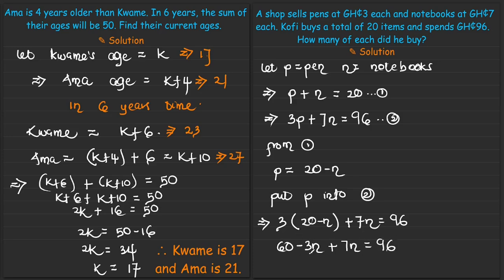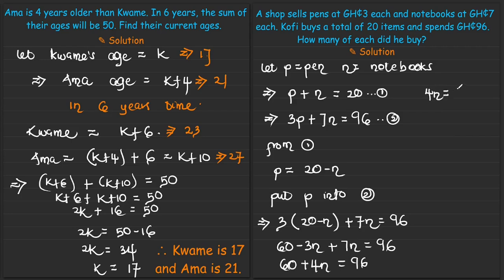If you want to simplify further, we have 60, then negative 3N plus 7N will give us a positive 4N, and that equals 96. So making N the subject, we first make 4N the subject.